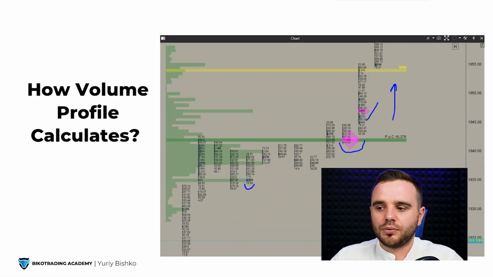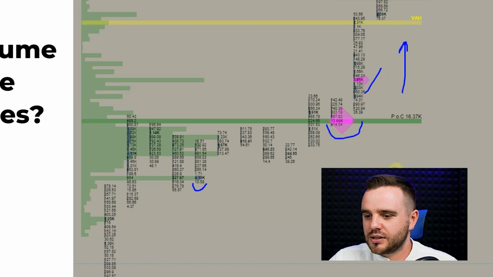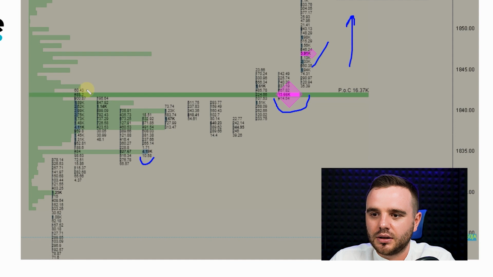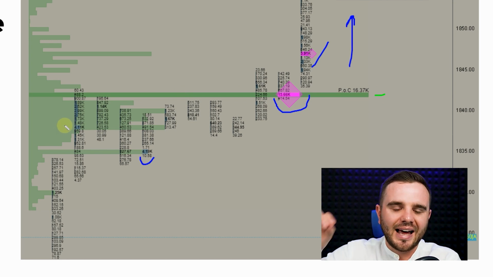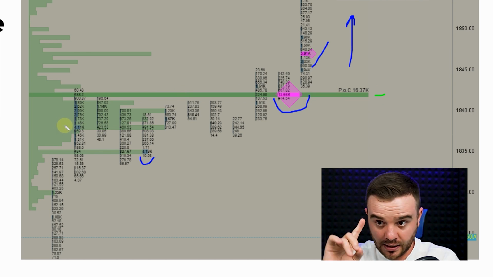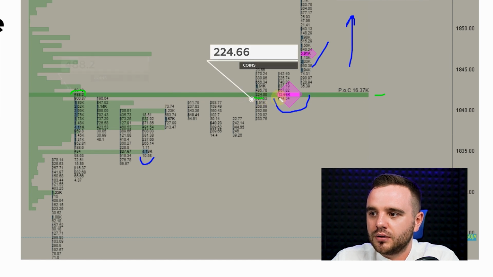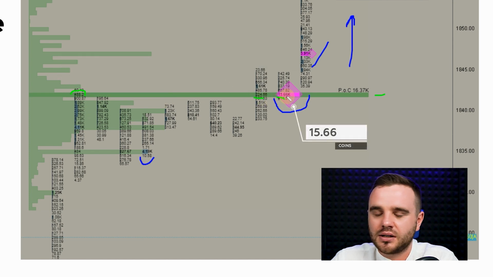How exactly does volume profile calculate? Pay attention to this example. It is an Ethereum example, the Ethereum spot market. Here, the volume profile adds up exactly the contracts that traded at each price level. For example, 488 coins, 224, 15,660.